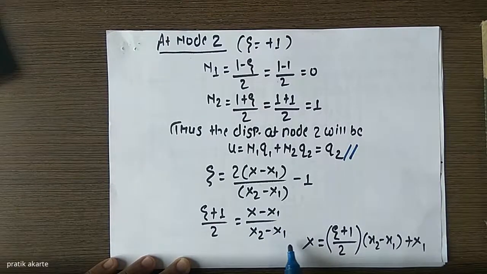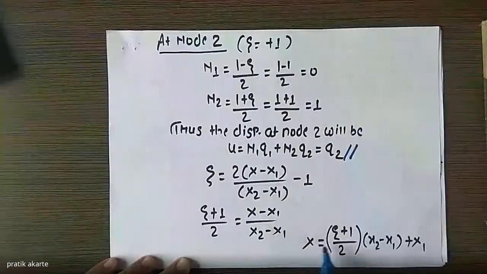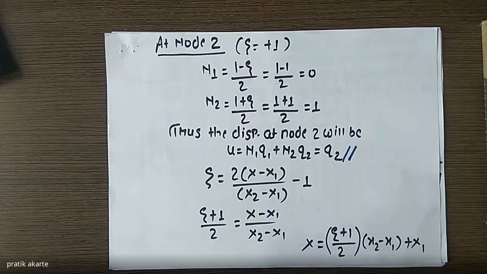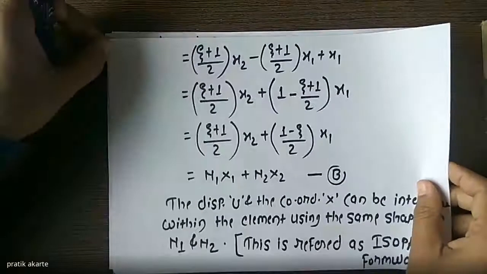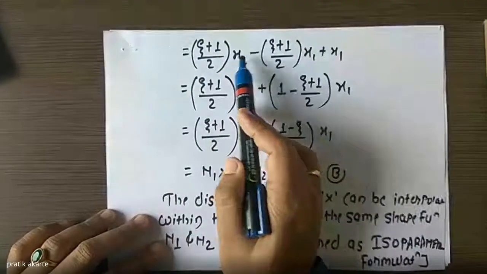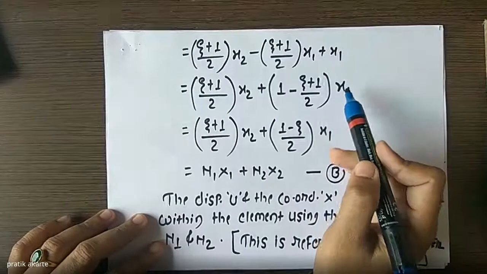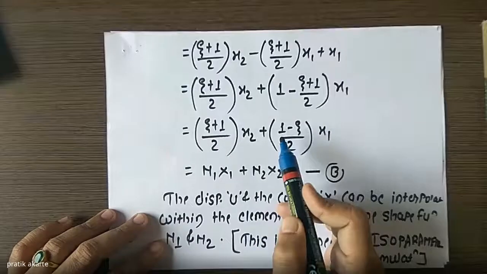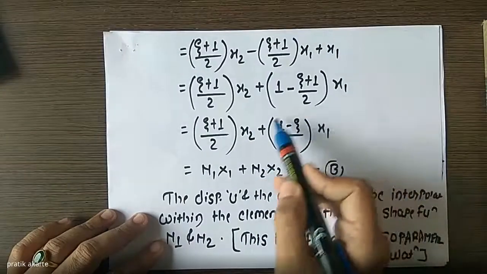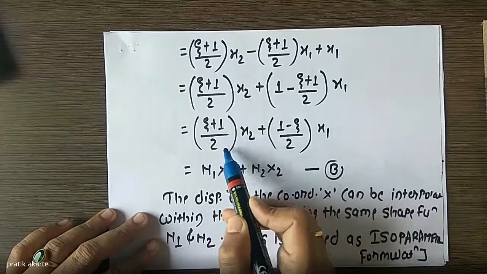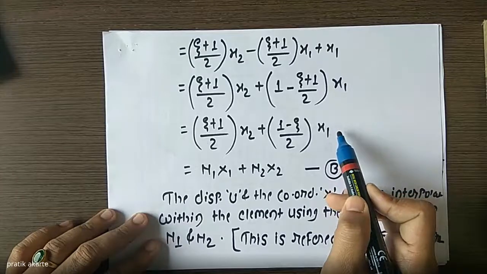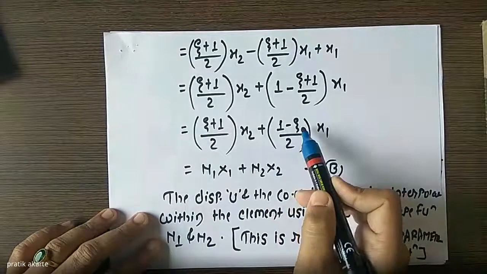Only in terms of x, zeta plus 1, x2 minus x1 plus x1, and after that I just multiply these terms x1 and x2. I took out x1 as common, and I have established a relationship as (1 plus zeta)/2 times x2 plus (1 minus zeta)/2 times x1.